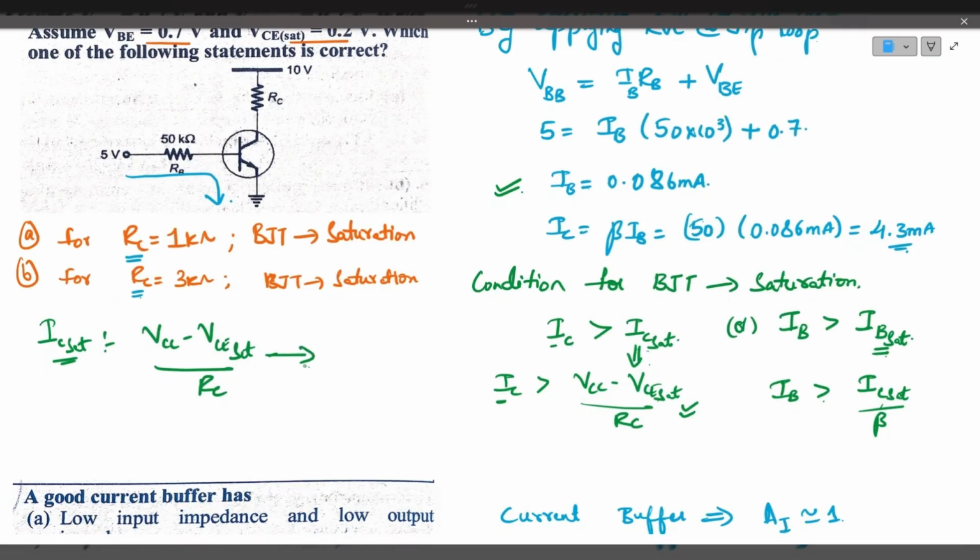Since two collector resistances are given, we'll calculate two values. For RC equal to 1 kilo ohm, what will be the answer? VCC is 10, VCE saturation is given as 0.2, divided by RC 1 kilo ohm. This is 9.8 milliamps.